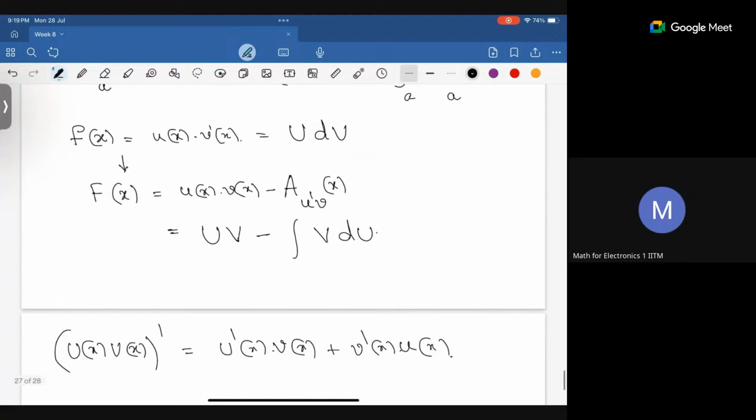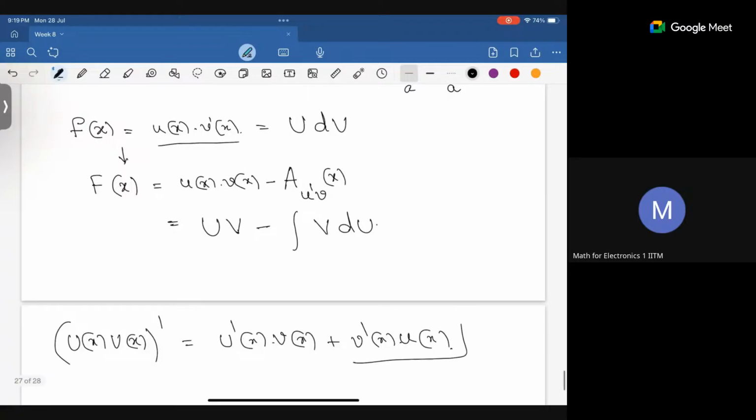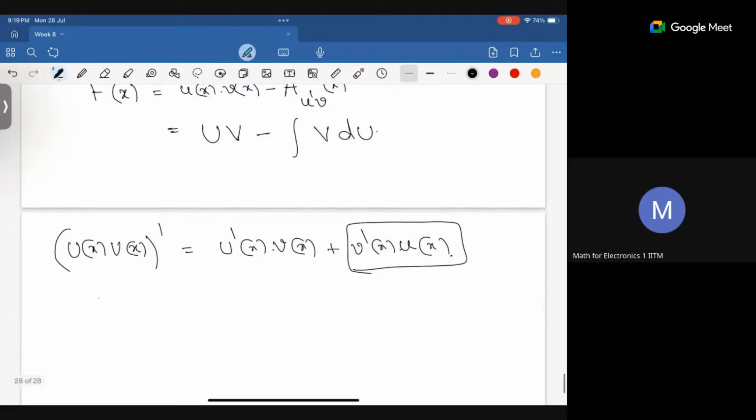So when you have this f of x, which is u of x into v prime of x, this will actually be the whole derivative of u of x v of x minus u prime of x v of x.